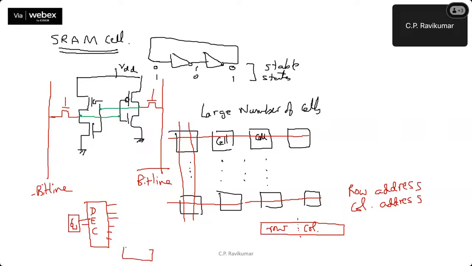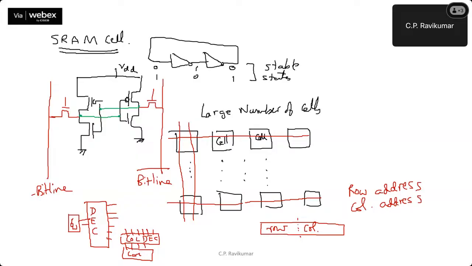And similarly, there will be a column address which goes to the column decoder, and the outputs of the column decoder select the particular column.